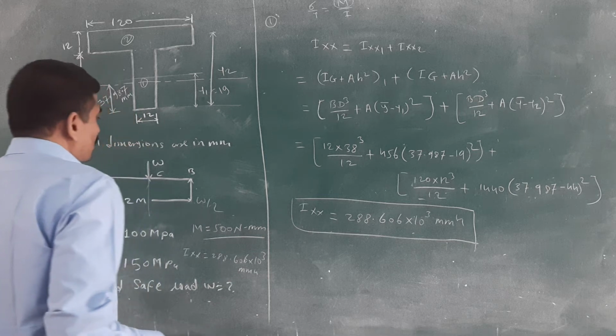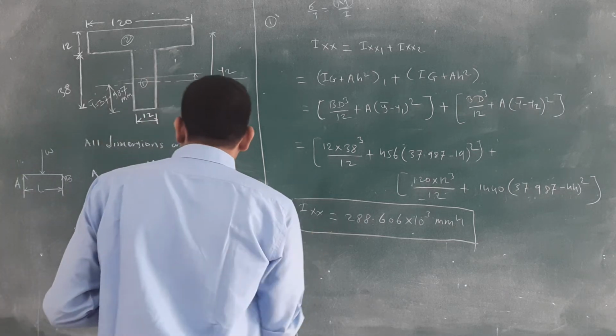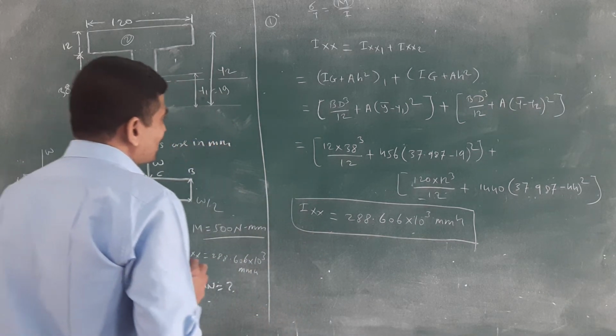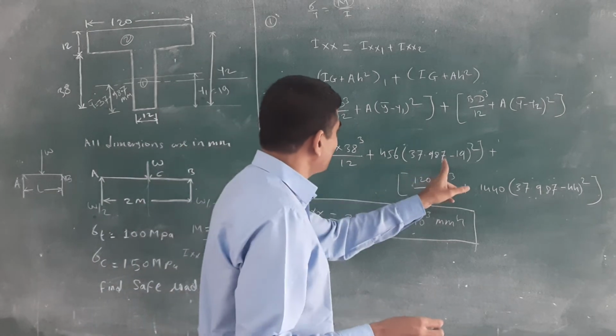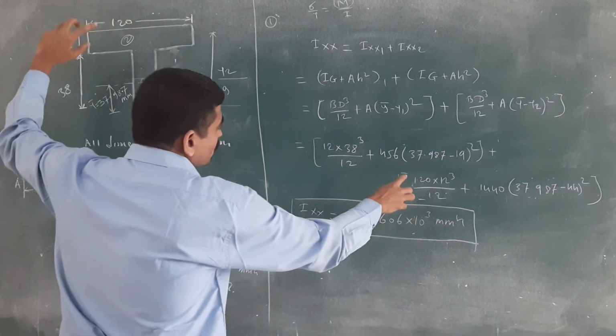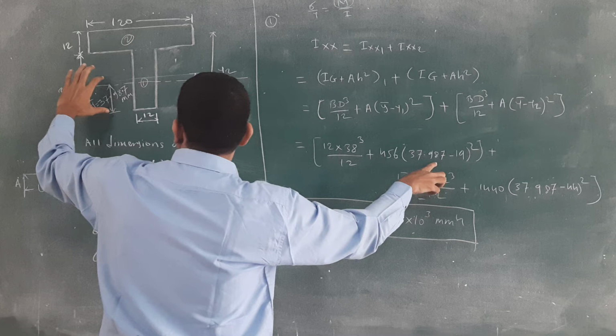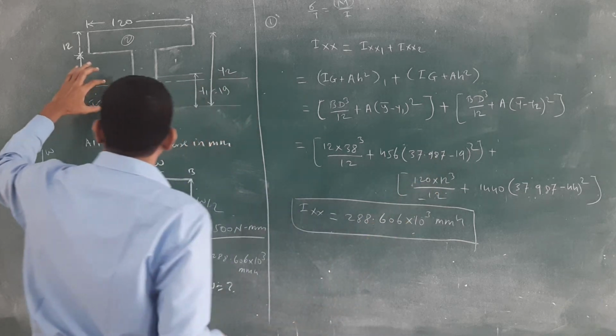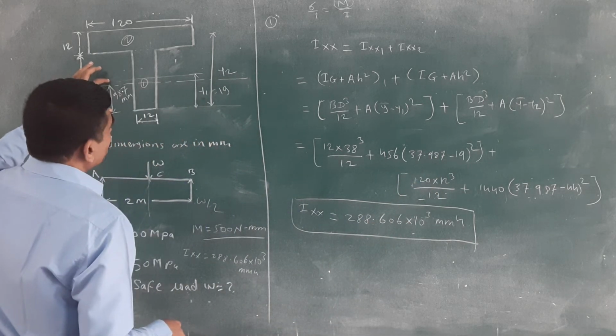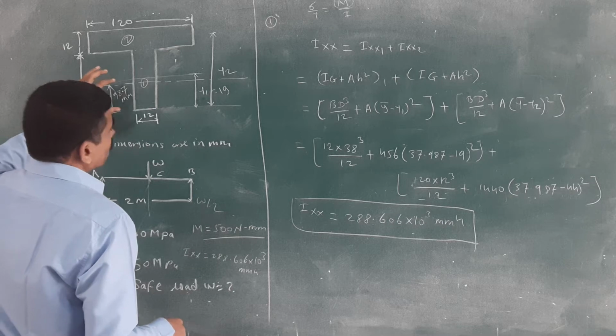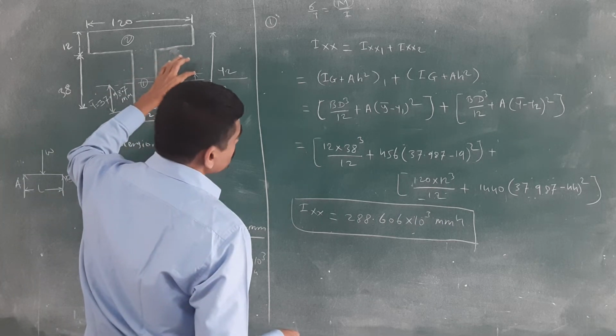Once you get the value of the moment of inertia about the x-axis, all of you ready, how to get this h? Check that, I will explain. This 37.987 is the y bar. And where is the y1? This is the y1.